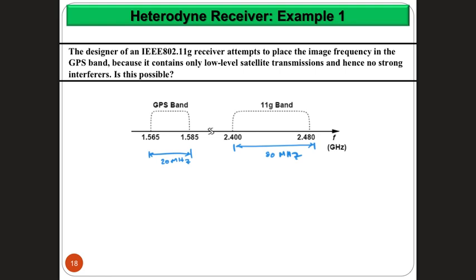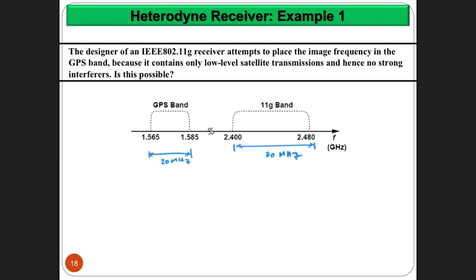If I put my local oscillator carrier in the center between the 2.4 and the 1.565, the 2.4 is going to be imaged by the 1.565, and I pick the center between those two, and I put that as my IF band, right?